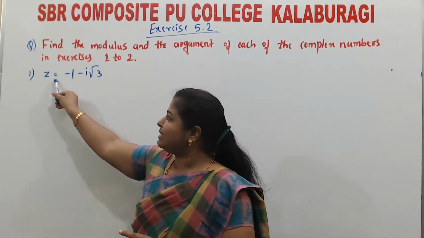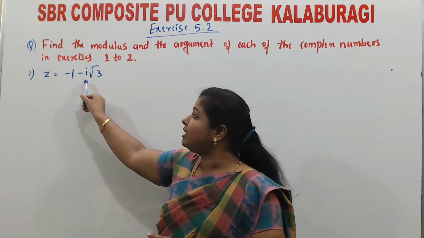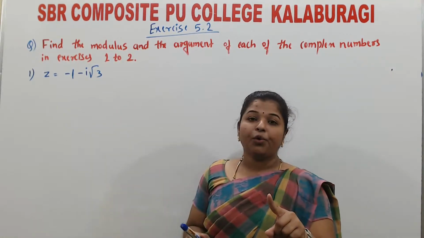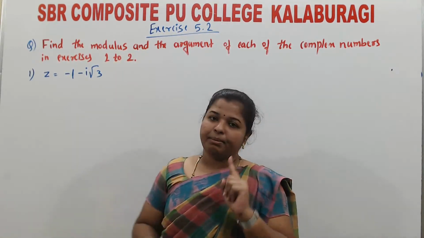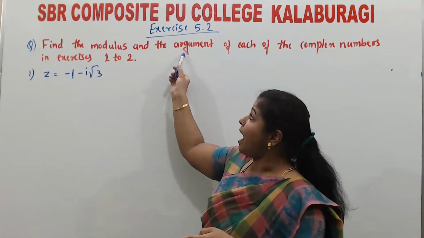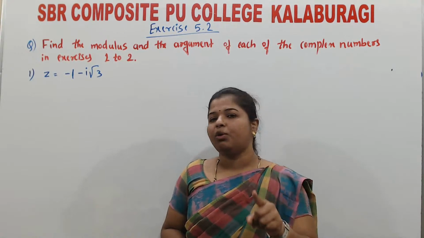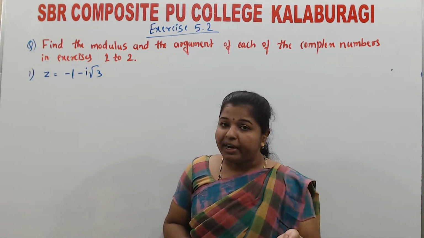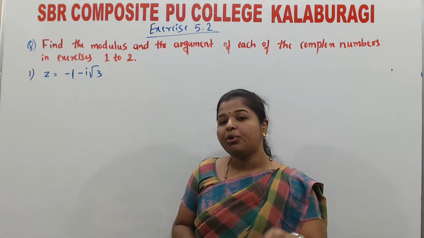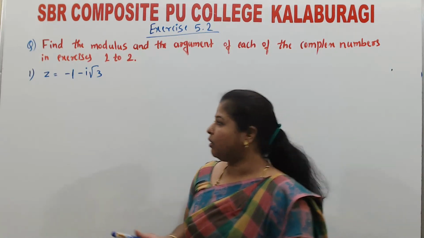Here we have to find modulus, which is nothing but r. After that, argument. For finding argument, first we have to find the value of theta. After finding the value of theta, next we have to write argument of z.